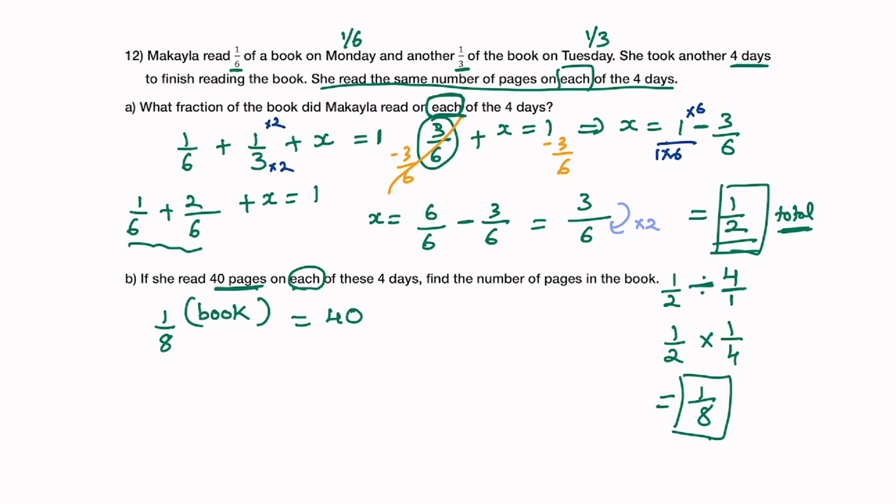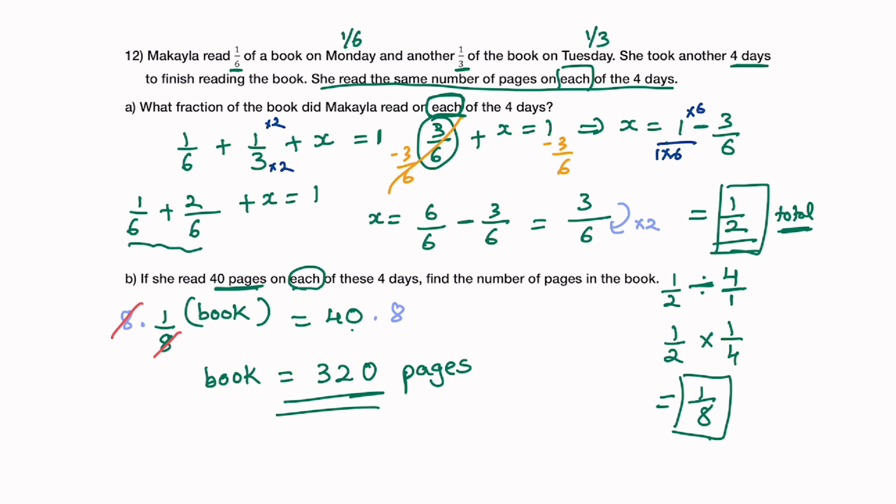So we need to find the total number of pages. So what do we do here now? We say times 8 and times 8. So this 8 and 8 get cancelled. So the book will have how many pages? 40 times 8. 4 times 8 is 32 and this 0. So 320 pages.